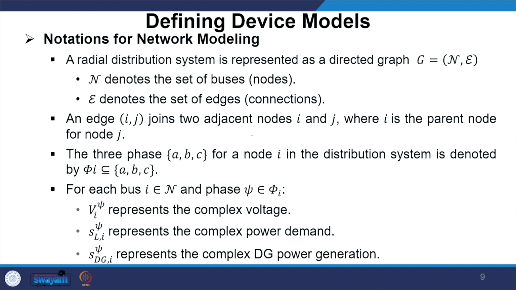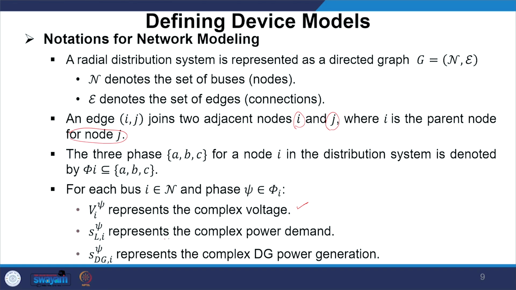So, an edge joins two adjacent nodes I and J, where I is the parent node of node J. Similarly, in case of three phase, we define ABC for a node I in the distribution system, denoted by phi I, which is of ABC. So, A means phase A, B means phase B and C means phase C.